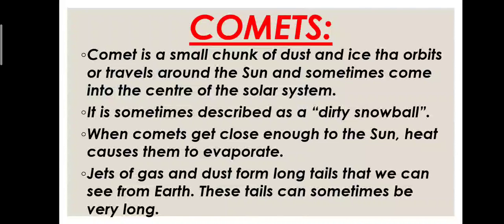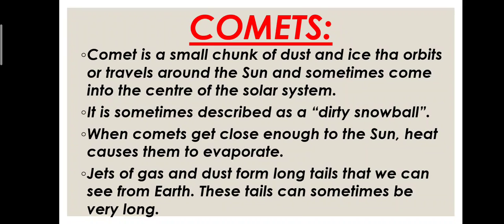Now the second celestial body is comets. What are comets? Comets are lumps of ice and dust that sometimes come into the center of the solar system, and they travel around the sun. As a comet is a small chunk of dust and ice, it is sometimes described as a dirty snowball.